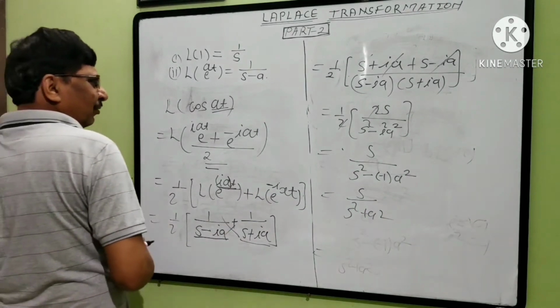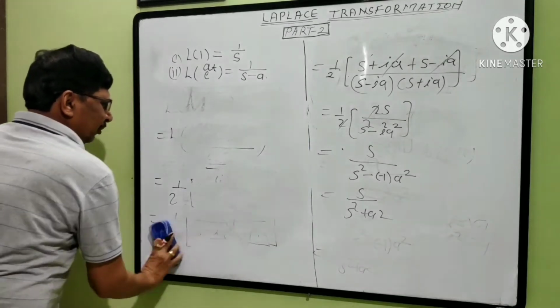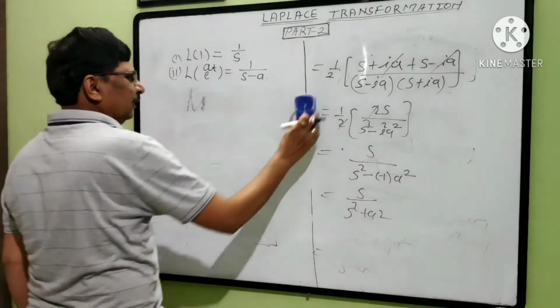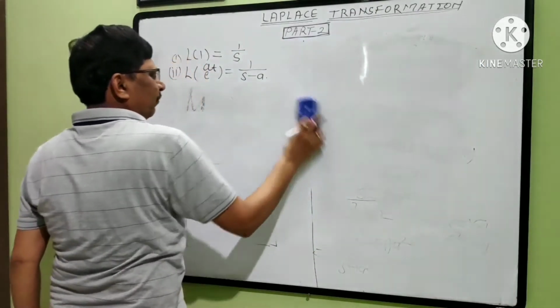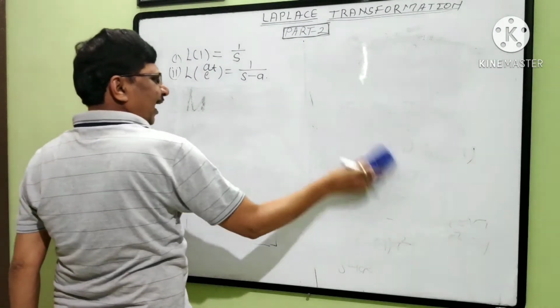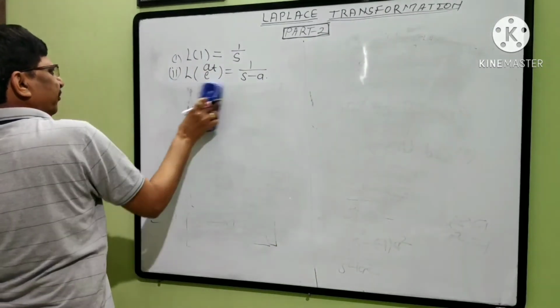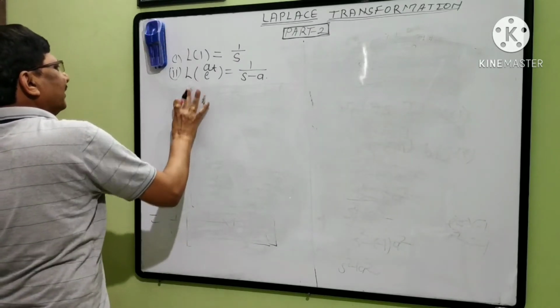Now I will summarize this. Now you have 6 formulae, which I am going to write now. With these 6 formulae and one more that I will give, you can solve many problems. Very simple topic. That's why I have taken this topic first.